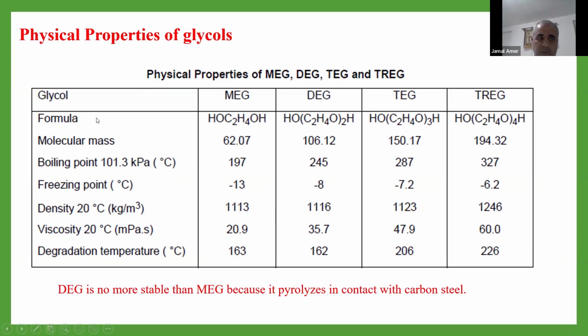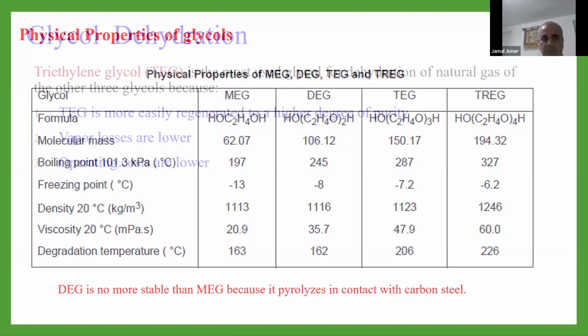the physical properties of all glycols, as we said here, all the different types, formula, molecular weight, and boiling points. These are very important for the operation engineer on site to know the specific properties of the glycol they are dealing with, to avoid any problem such as decomposition, and to know what temperature has to be controlled, keeping an eye on that to avoid losses or evaporation of the glycol.